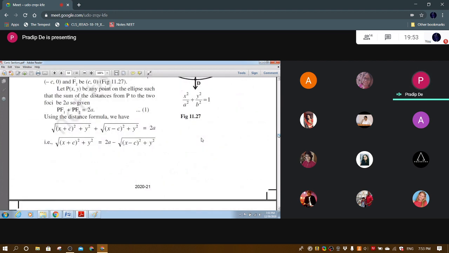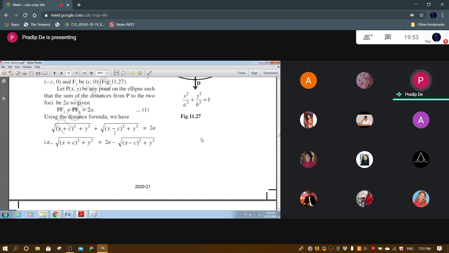Here the formula is derived, so I'm not going to do the derivation. Basically, it starts from this: QF1 plus QF2, PF1 plus PF2 is equal to 2A. If you take any point P, then PF1 plus PF2 should also be equal to 2A.